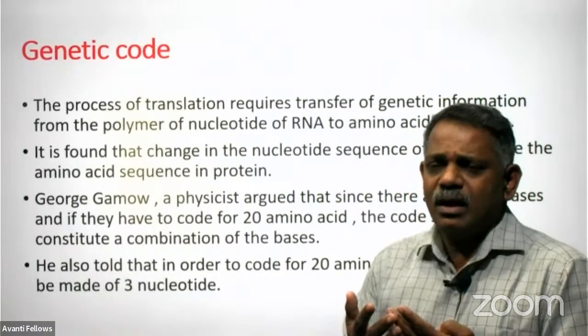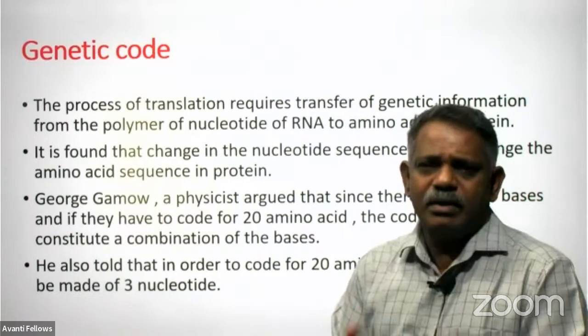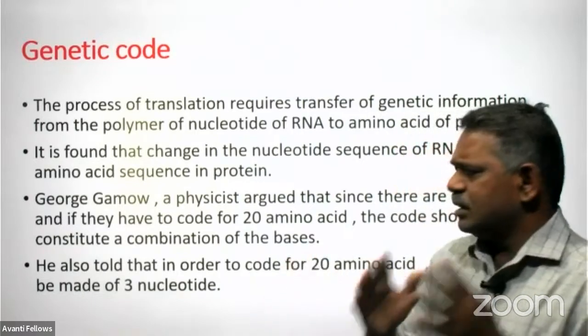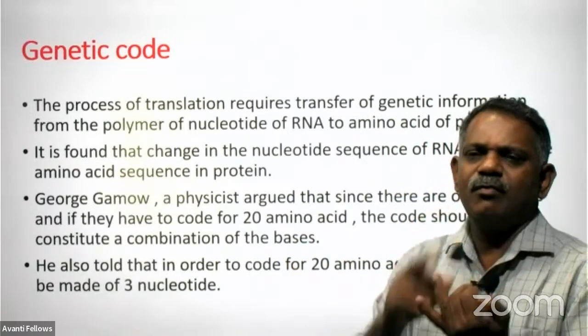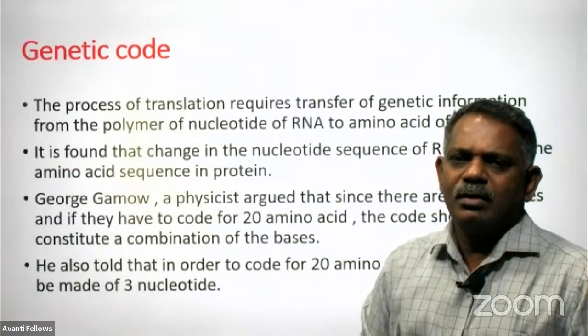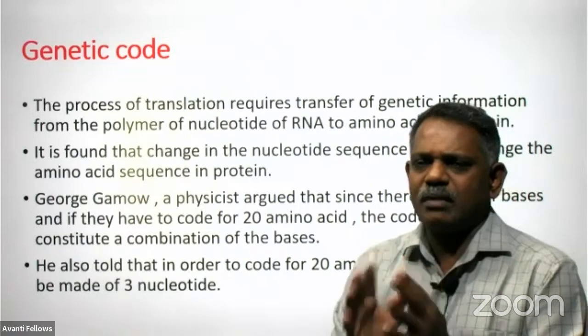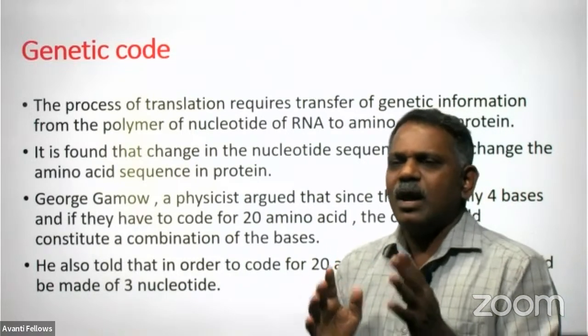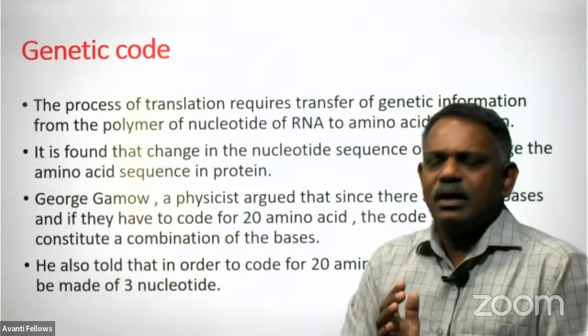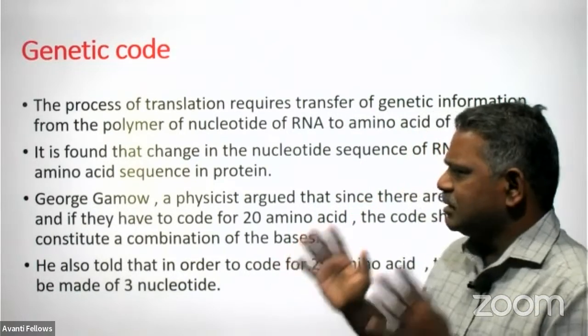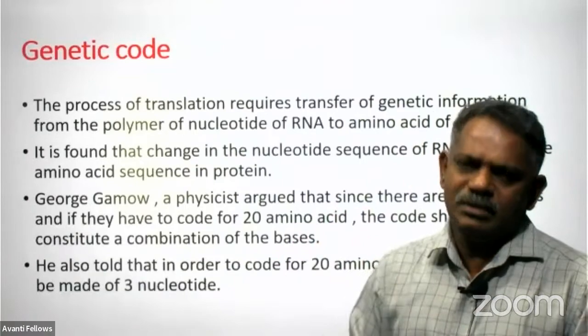How many this triplet codon can be prepared if we consider 3 nucleotide in a codon? So 4 into 4 into 4. That is 64 triplet codes are possible. And by using these 64 triplet codes only, these 20 amino acids are coded for the protein synthesis.